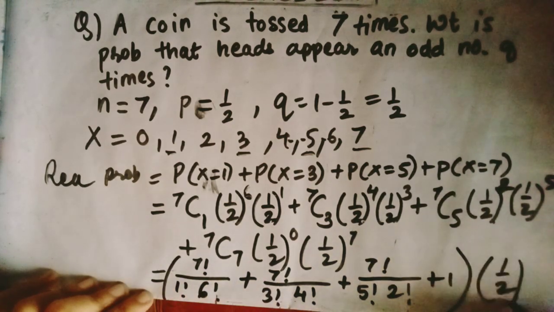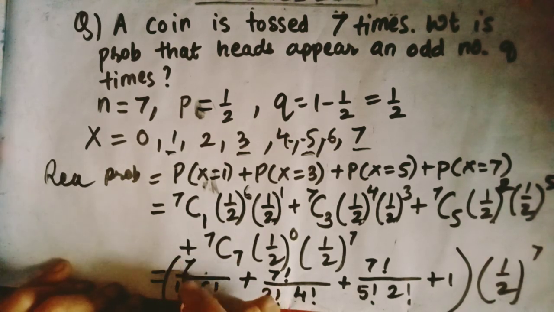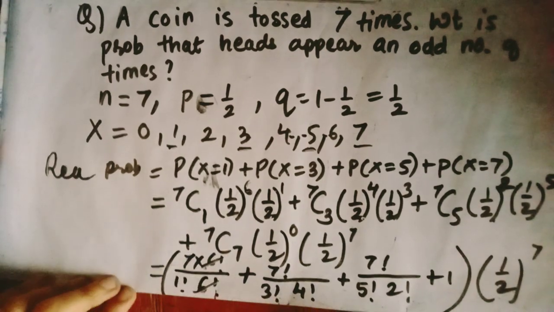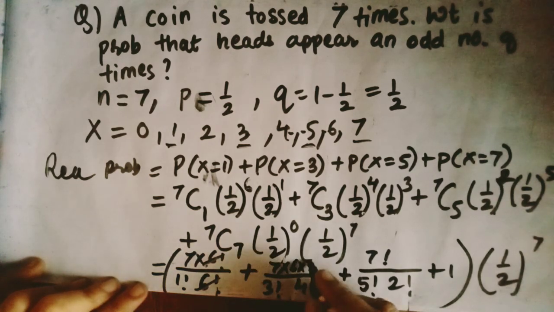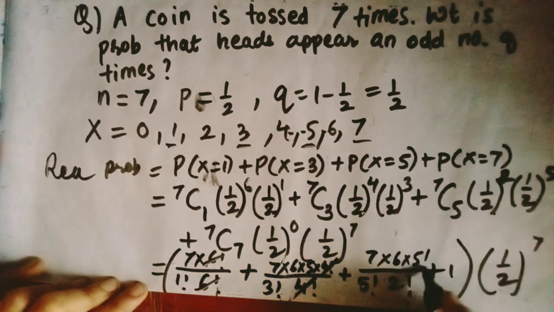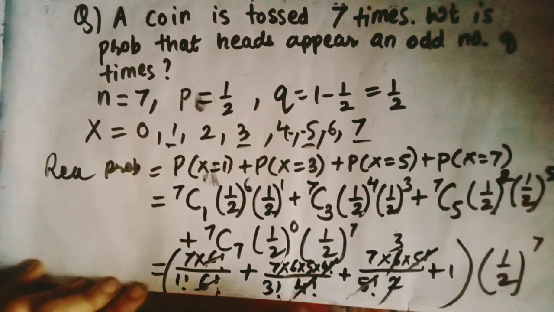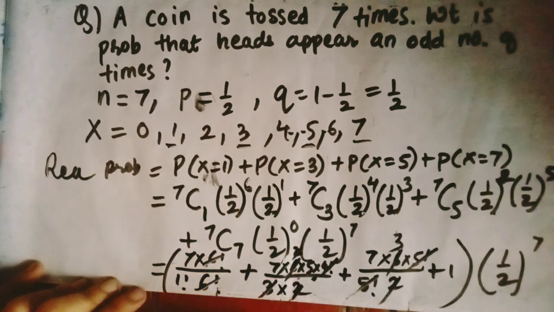Now this you can write as 7 into 6 factorial, so this will get cancelled. Then this you can write 7 into 6 into 5 into 4 factorial, so this also goes. Here you can write 7 into 6 into 5 factorial, this goes. This 2 and this 6 will go, and 3 you can write as 3 into 2.